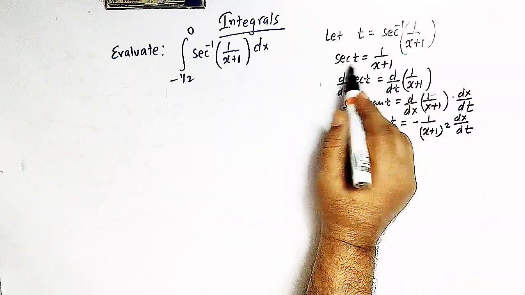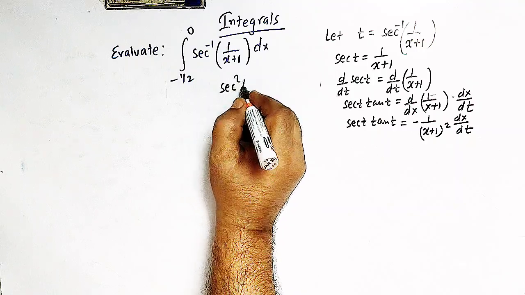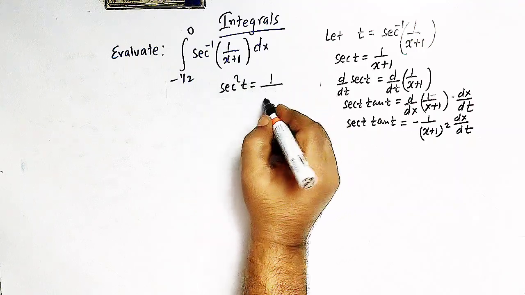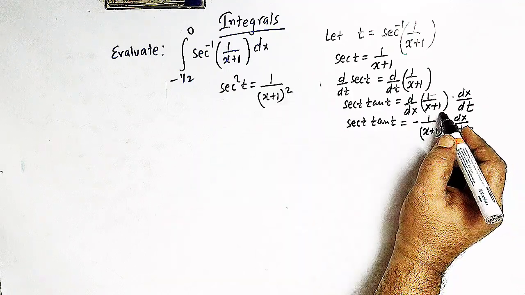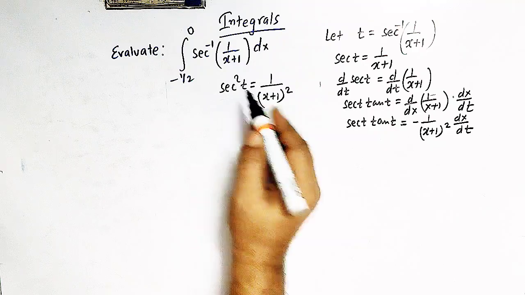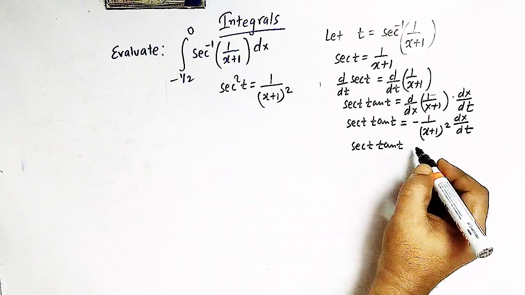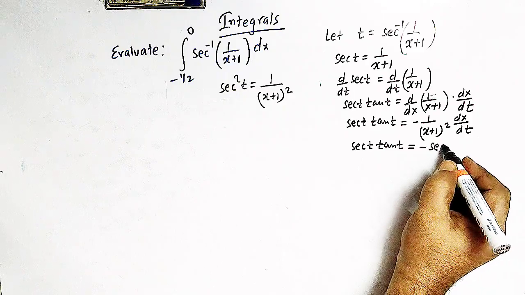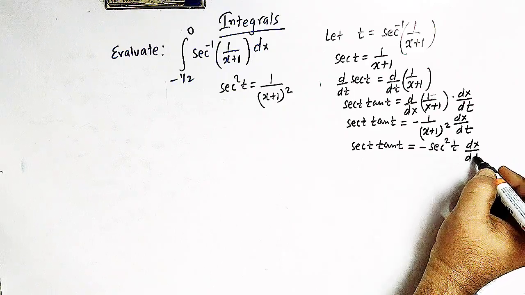So if we square both sides, then we have secant square t is equal to 1 over x plus 1 square. So substituting 1 over x plus 1 square as secant square t, we have secant t tan t, and here we have minus secant square t dx over dt.